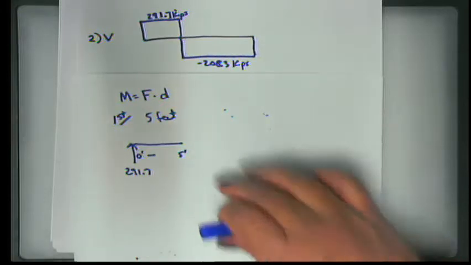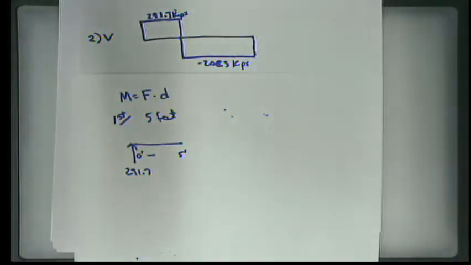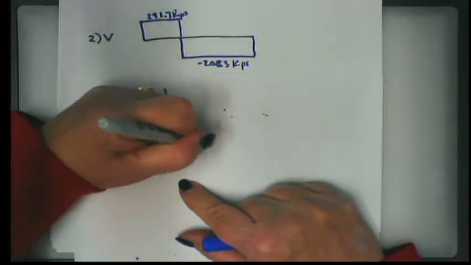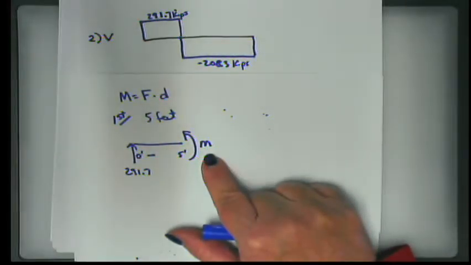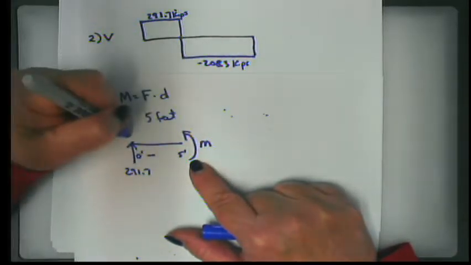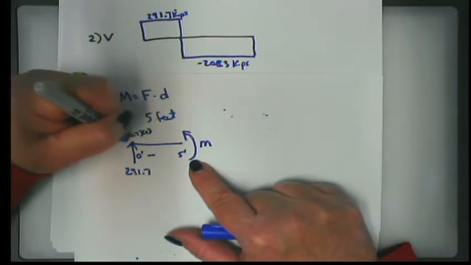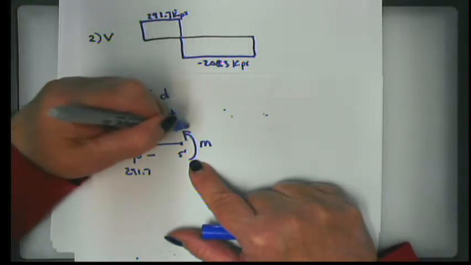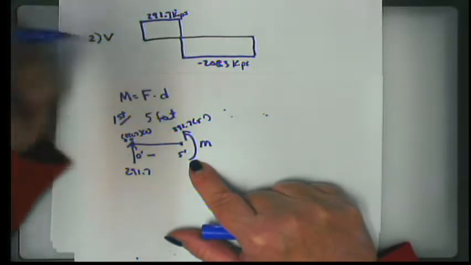Now, I've already asked that if you cut this way, you call this a positive moment, right? So what happens? Here, the moment is 291.7 times 0 feet, which is 0. What is it here? It's 291.7 times 5 feet, isn't it?